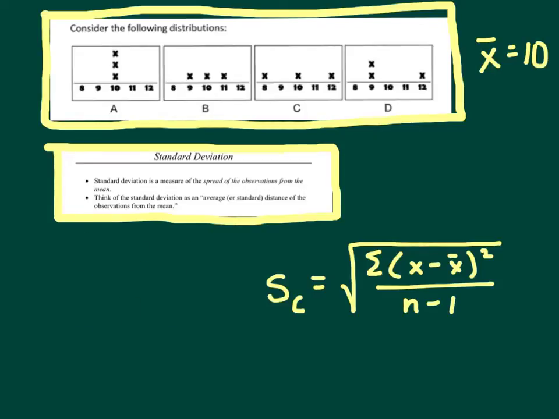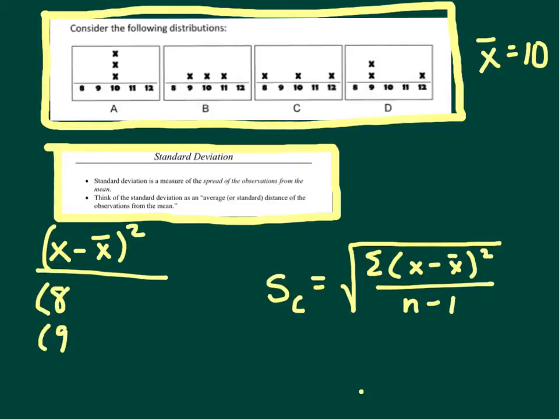So in the case of data set C, we first need to calculate the square of the distances. So all of our x values are 8, 10, and 12. And so for all of these, the mean is 10.